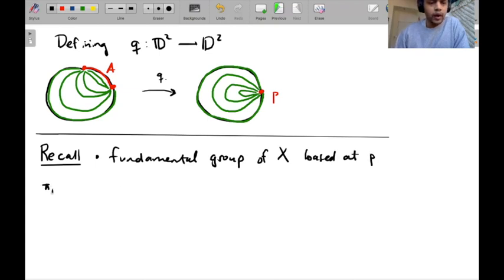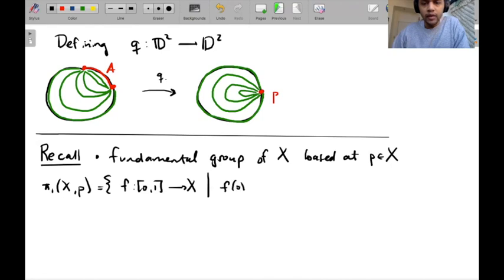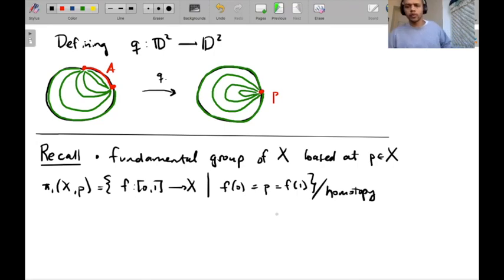which is denoted pi1 of X comma P, where P is just some point, is the set of loops. These are continuous maps from the interval into X with the property that they start and end at P. So they're loops based at P. We consider this set up to equivalence relation given by homotopy through loops that are also based at P. Last time we showed that this set has a group structure.